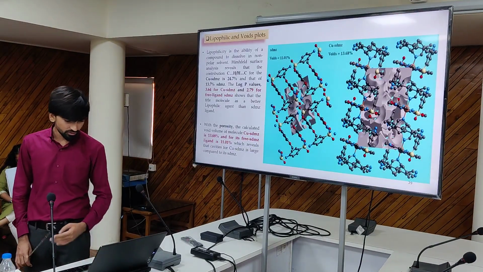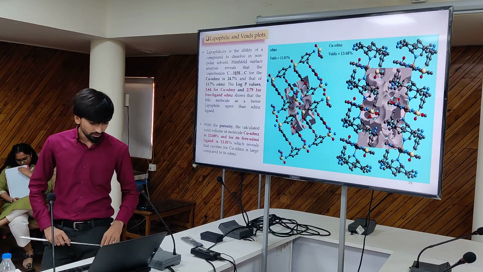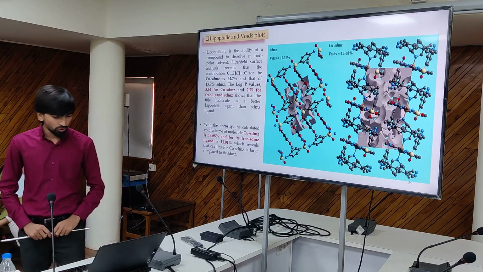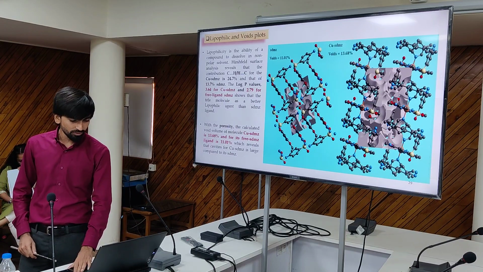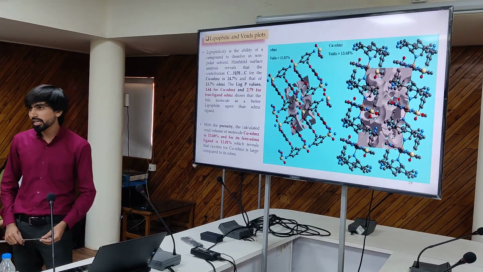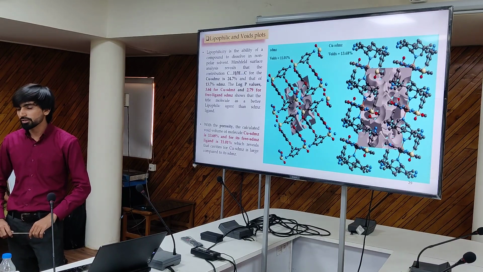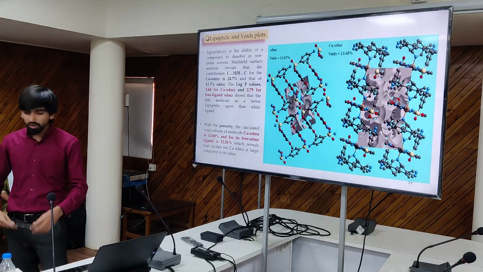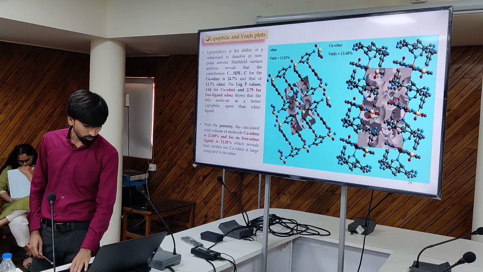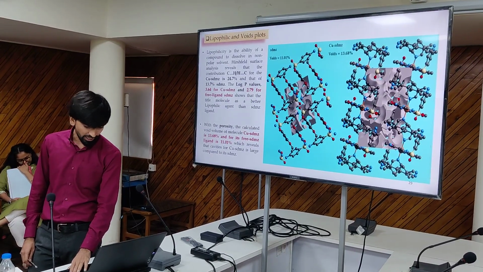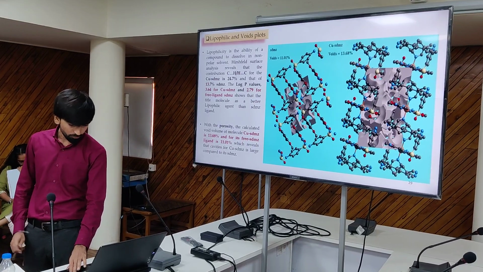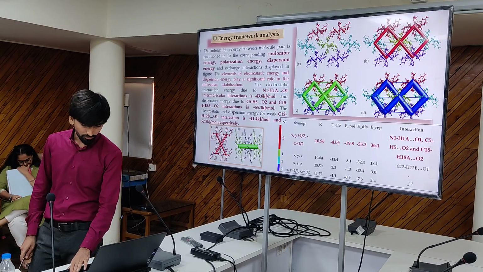Now, lipophilicity. In the case of lipophilicity, the lipophilicity of the copper complex of sulfadimethoxine is 3.64, and in the case of the free ligand it is 2.79. So it means that our synthesized complex is more soluble in polar solvent. As well as the porosity, from the void calculation, the copper complex of sulfadimethoxine is more porous in nature compared to the diazine molecule.